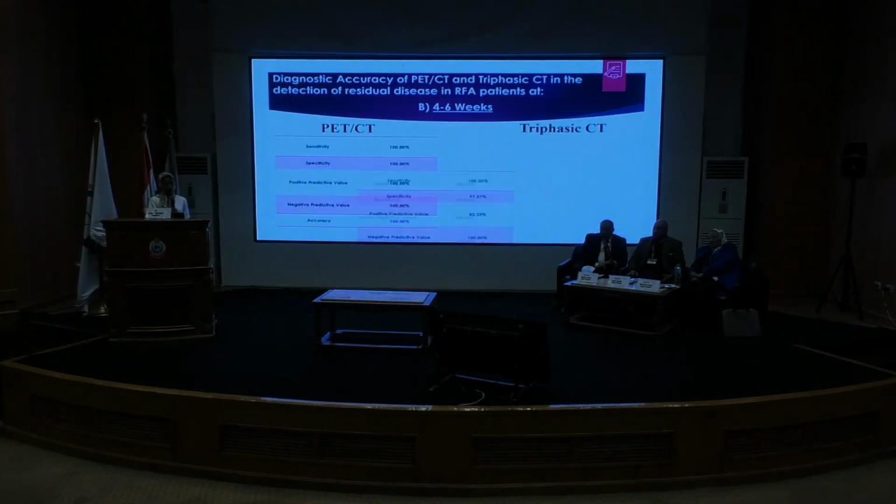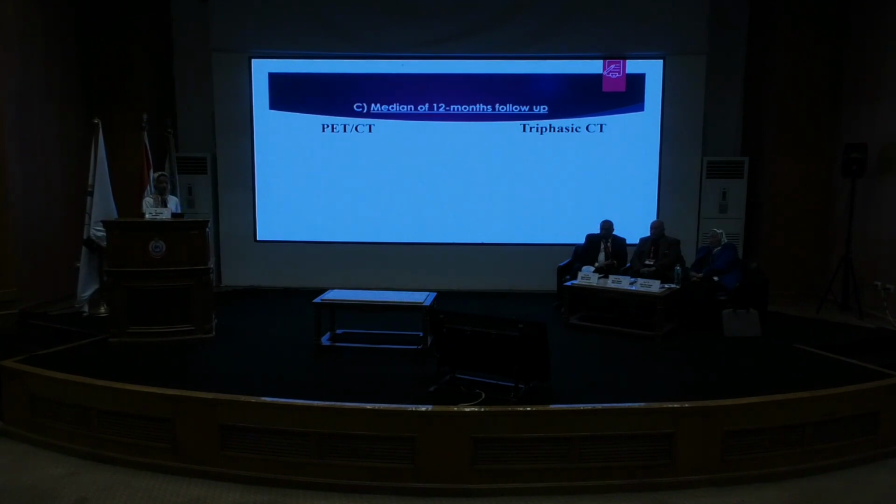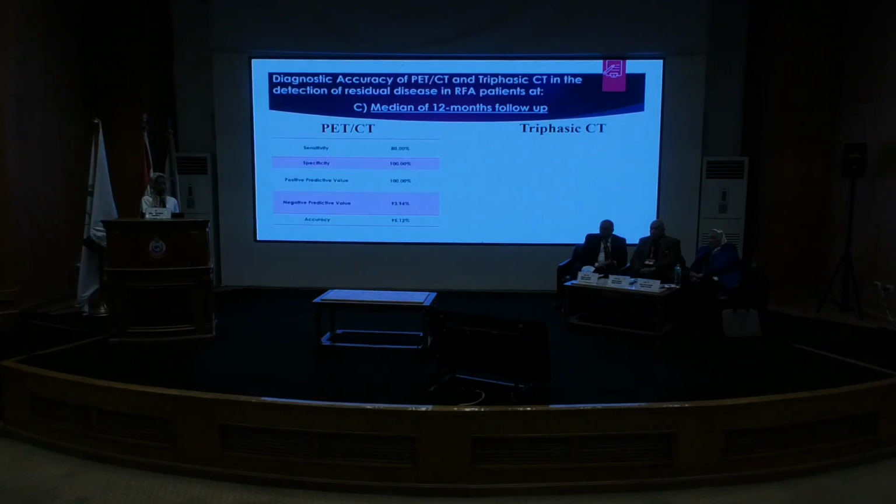At the 4 to 6 weeks interval, PET-CT had an outstanding overall accuracy of 100%, compared to triphasic CT, which also had an elevated accuracy in detecting residual tumor tissue at 4 to 6 weeks. At the median of 12-month follow-up, PET-CT and triphasic CT both had the same overall accuracy of 95%.